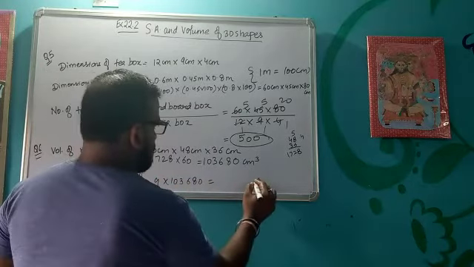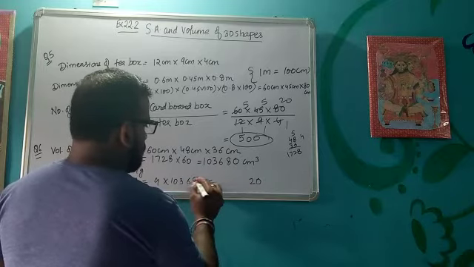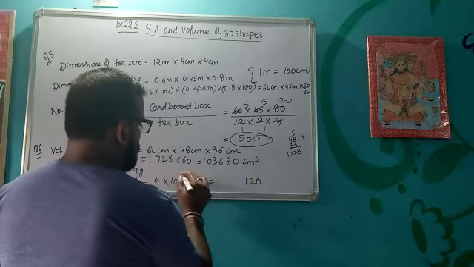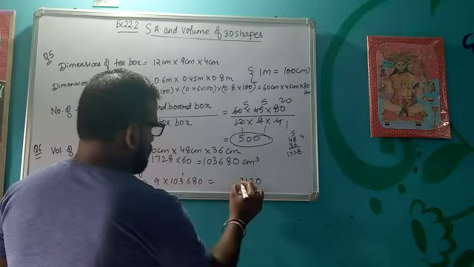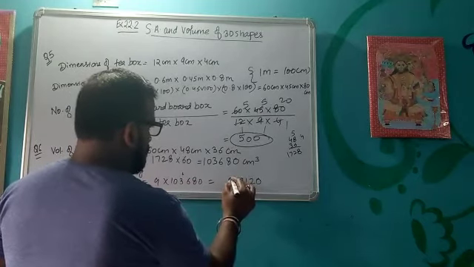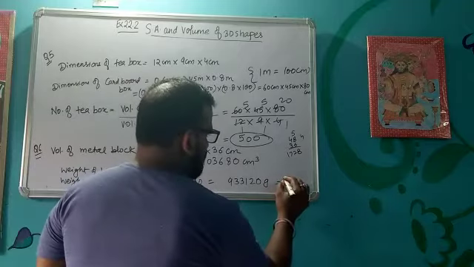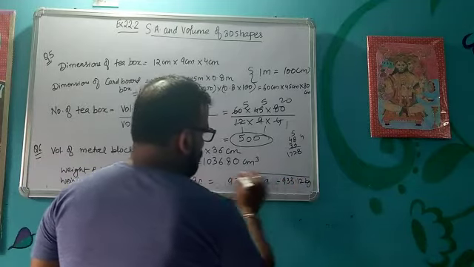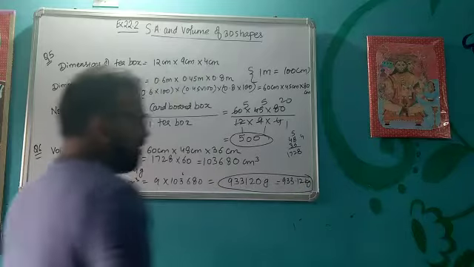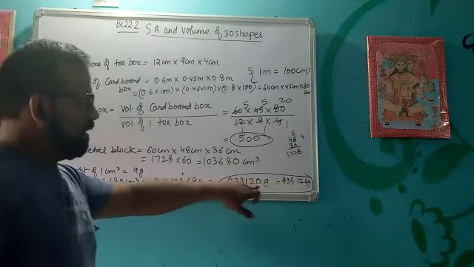So that is in gram, or you can write it as 933.12 kg. Okay, divide this gram by 1000, you will get the answer in kg.